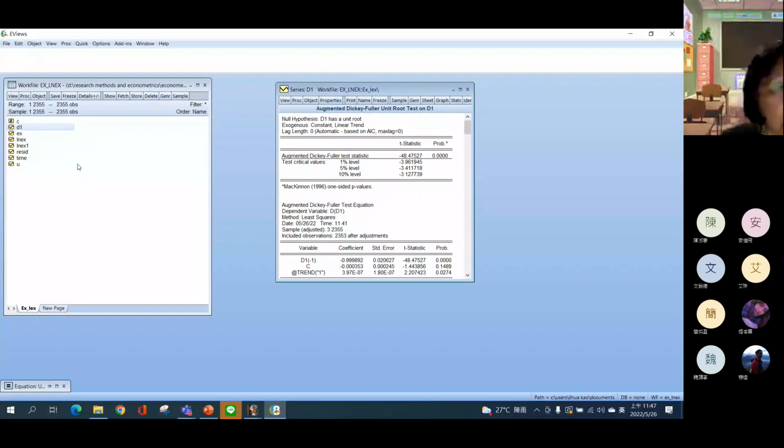The previous example is just one variable, and since we know that the Dickey-Fuller test is based on the variable only, either the y variable or the x variable, either one of them is okay. So let me show you another data set.